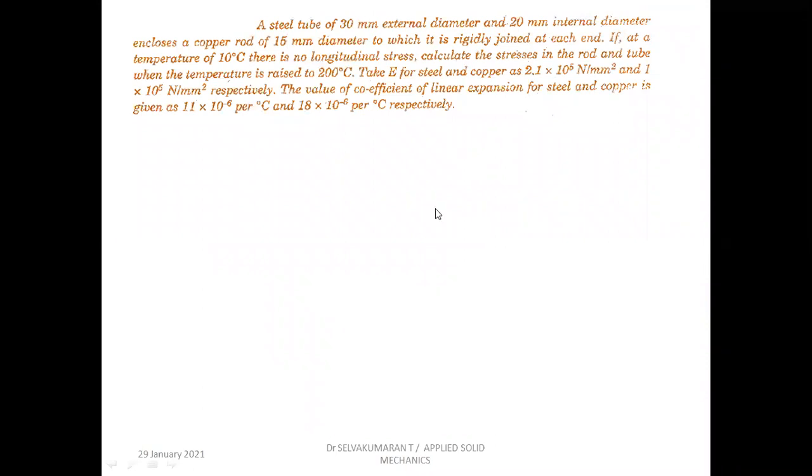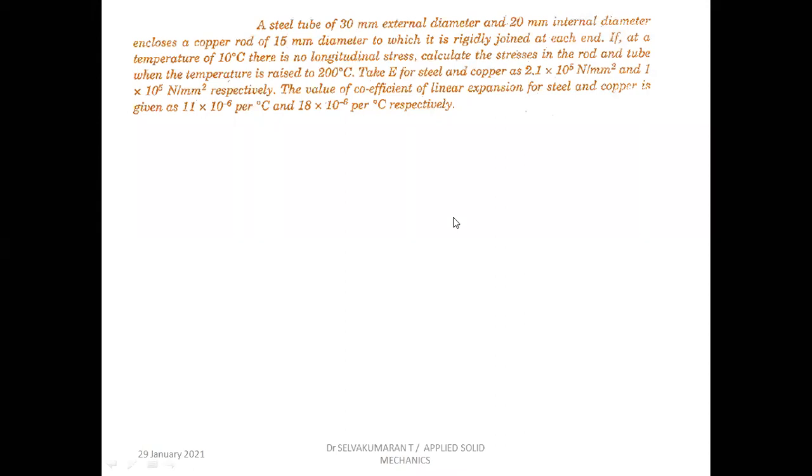Next problem. A steel tube of 30 mm external diameter and 20 mm internal diameter encloses a copper rod of 15 millimeter diameter to which it is rigidly joined at each end. If at a temperature of 10 degrees Celsius there is no longitudinal stress, calculate the stress in the rod and tube when the temperature is raised to 200 degrees Celsius.